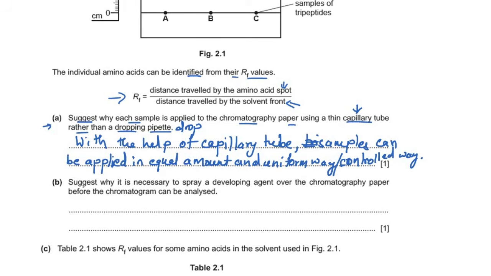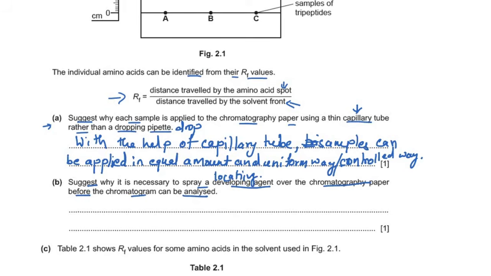Okay, the sub question B says, suggest why it is necessary to spray a developing agent over a chromatography paper before the chromatogram can be analyzed. Now a developing agent can also be called a locating agent. A locating agent is generally used when the sample has substances which are colorless and the spots are not visible.